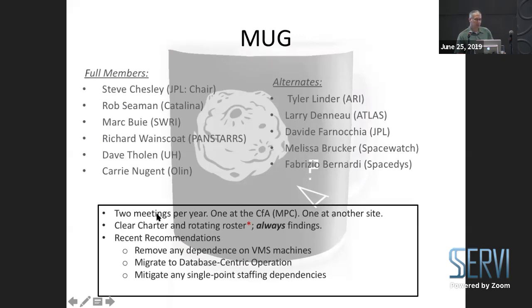We meet twice per year, one at the CfA. That's our summer meetings tend to be at the Minor Planet Center's home base, and then another site wanders. There is a clear charter and a rotating roster, so beware. Squeaky wheels will be threatened with MUG terms.